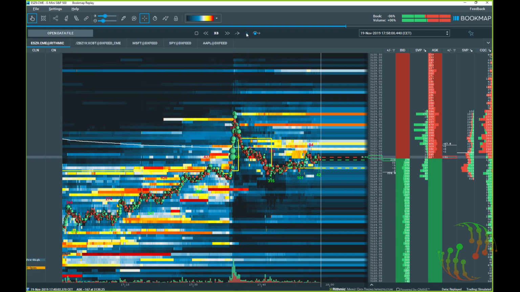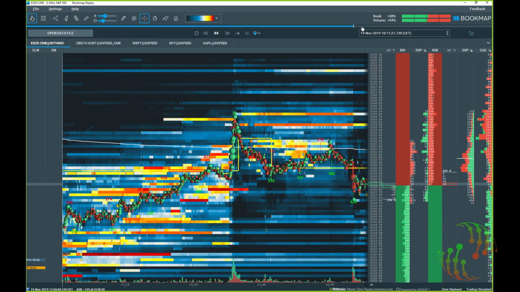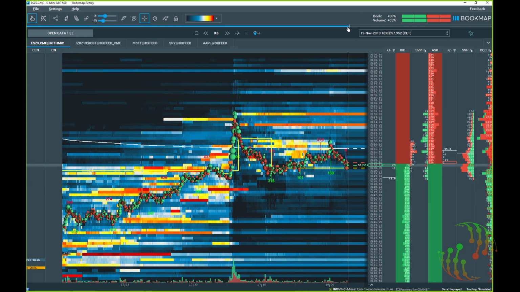Let me find the other one here. I'm not sure. Let me jump a little bit to save time. I think it was this one I wanted to show you. This is 18:04. You can also jump in seconds and tenths of seconds if you place your cursor into this timestamp here and then click gently on these arrows.